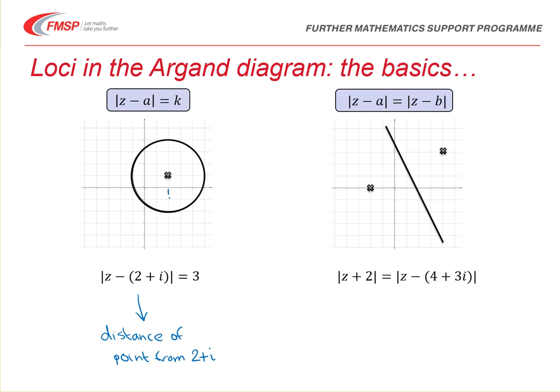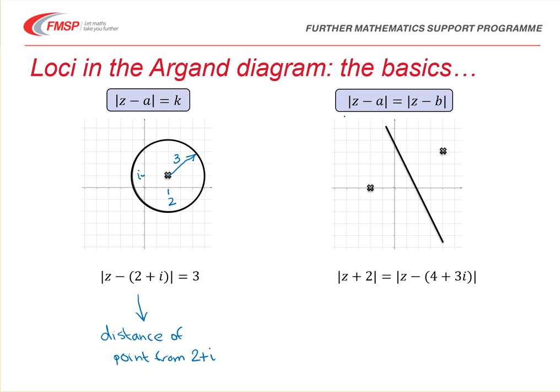And since we want this to be equal to 3, we want all points that are a distance 3 away from 2 plus i in the Argand diagram, and so we get a circle, centre 2 plus i, radius 3.